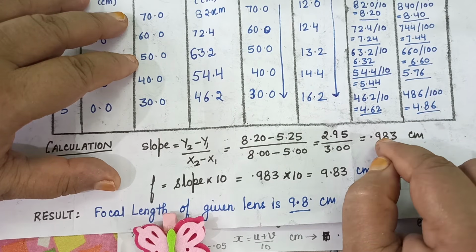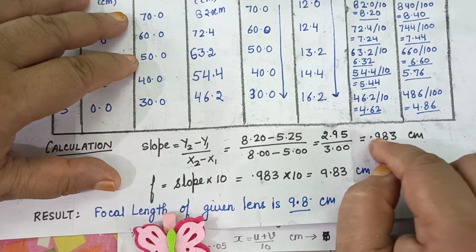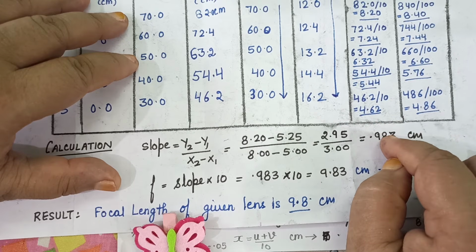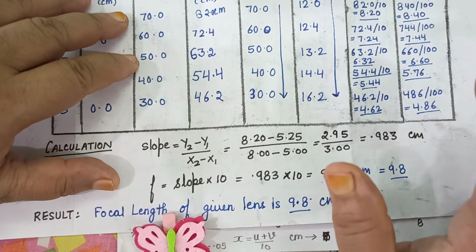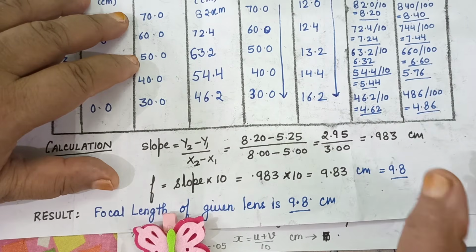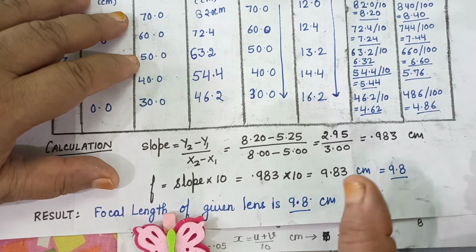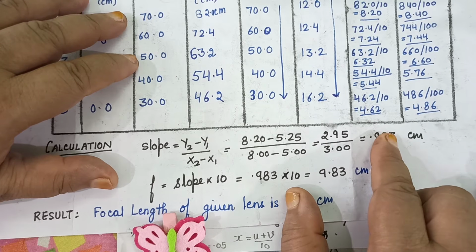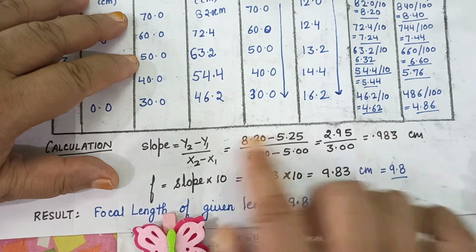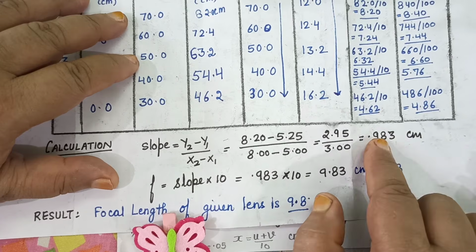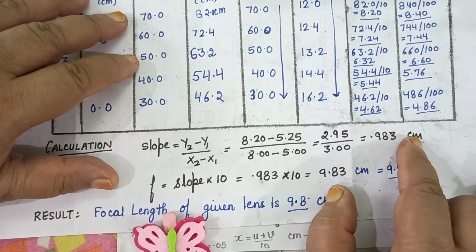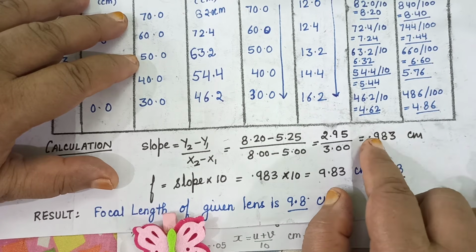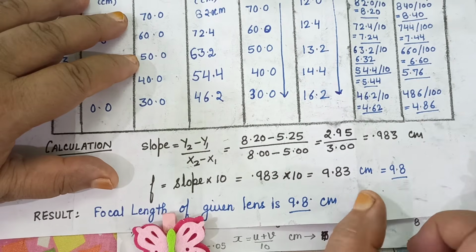So 983 means 3 significant figures. This is not a scientific method, this is a trick to know the number of significant figures in a number. So 3 significant figures they ask you in the question paper. So we have written the slope with 3 significant figures and the unit. Always remember that except sometimes, the slope always has a unit.